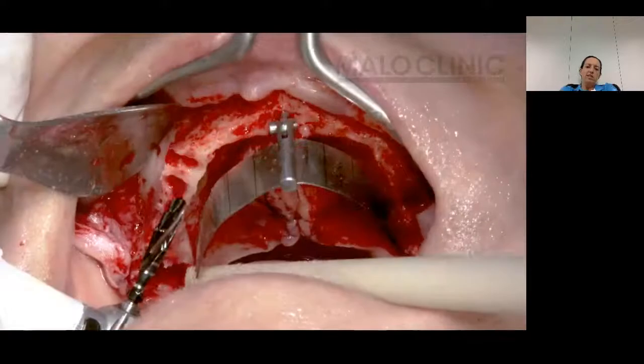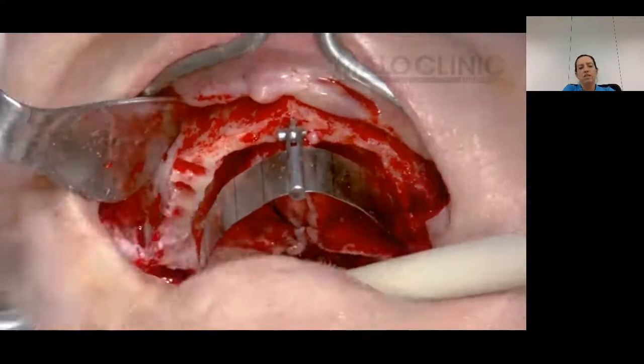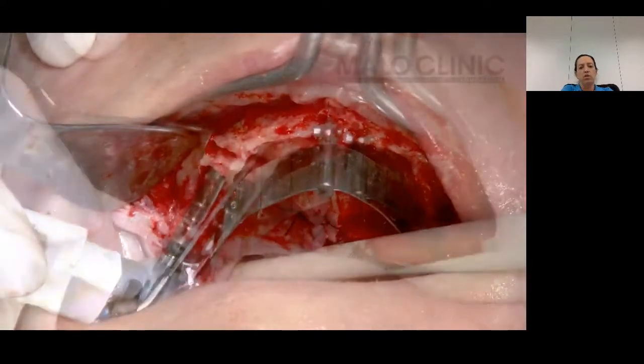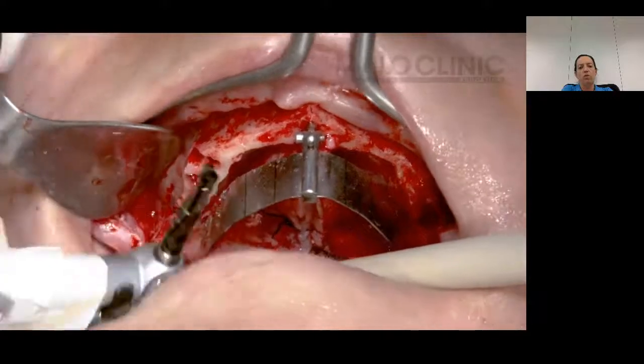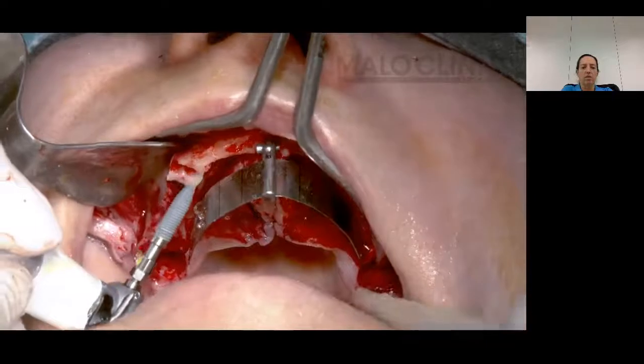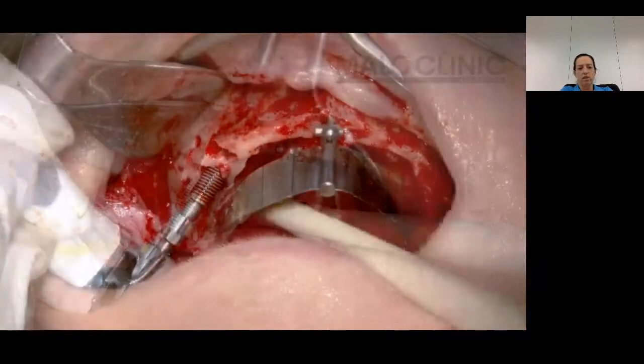So after this, I will drill with the 4.2, 2.8, 3.2, 3.6, and here a little bit in the beginning with the 3.8, 4.2, because I'm going to use a 4.3 parallel CC implant with 13 millimeters.